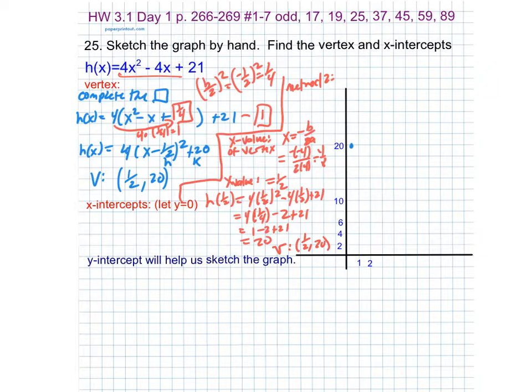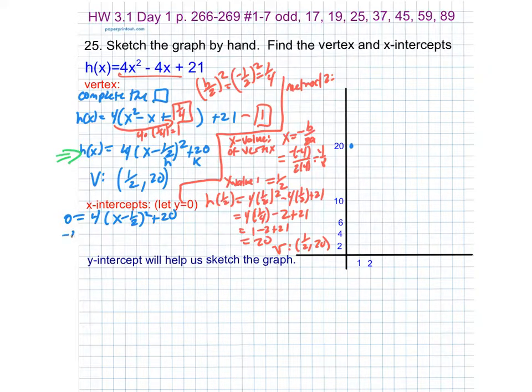Now let's find the x-intercepts. To find the x-intercepts, you're going to let y equal 0. It's going to be easier if you use the expression in vertex form. So let 0, h of x, equal 4 times x minus 1/2 squared plus 20.